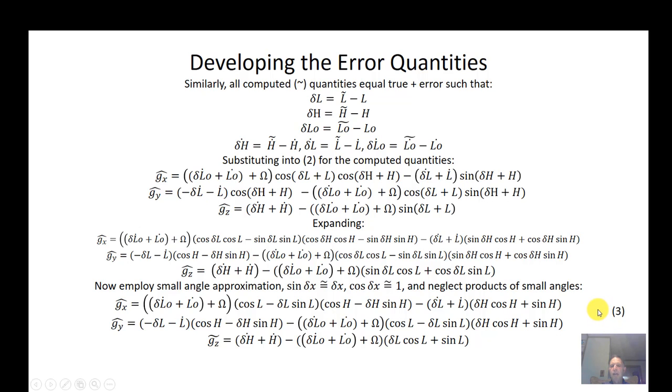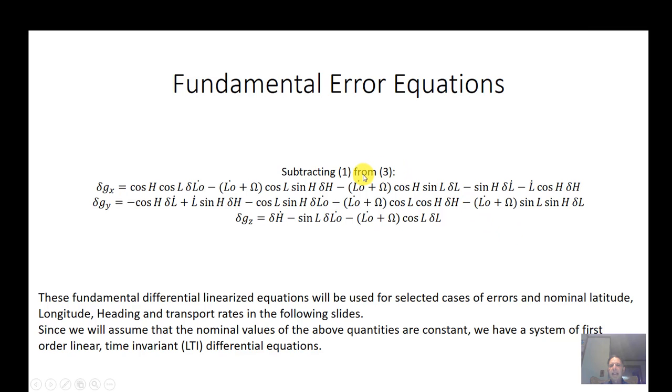I note that these expressions and this level of multiplication is not usually included in most books. Subtracting 1, which was our true whole value equation, from 3, we get the error propagation equations as given in these 3 equations, which we'll refer to as our fundamental error propagation equations.